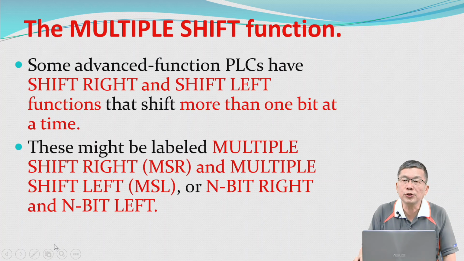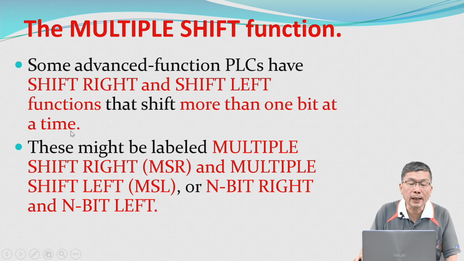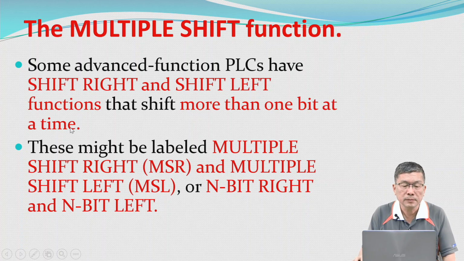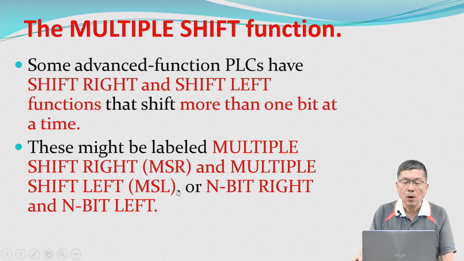Some advanced function PLCs have shift right and shift left functions that shift more than one bit at a time. This might be labeled multiple shift right, MSR, and multiple shift left, MSL, or M-bit right and M-bit left.